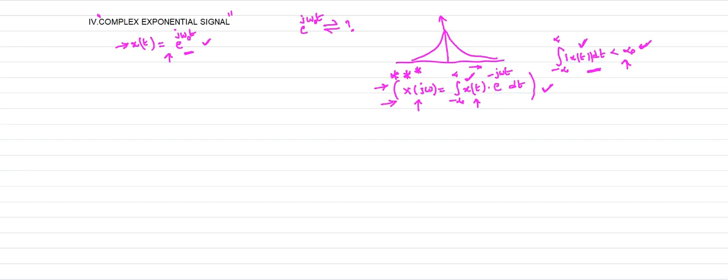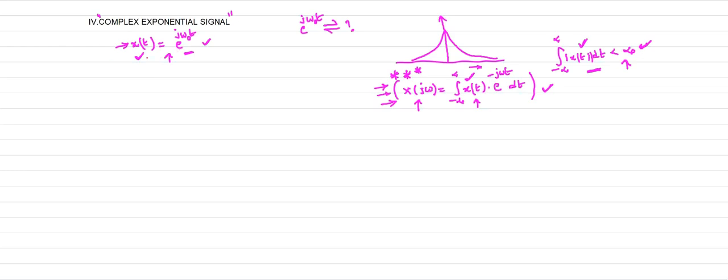I told you there the concept of Dirichlet's conditions, why these are not necessary conditions, and why these are sufficient conditions. So even though this complex exponential signal is not absolutely integrable, we still find out its Fourier transform using a separate procedure, not by using this formula.